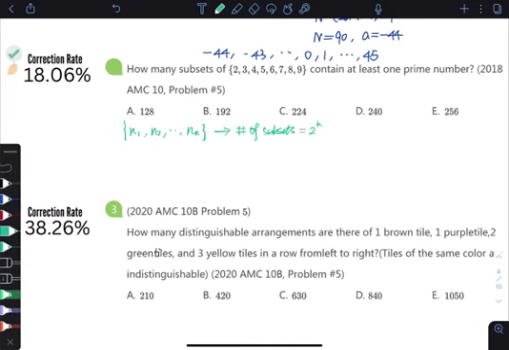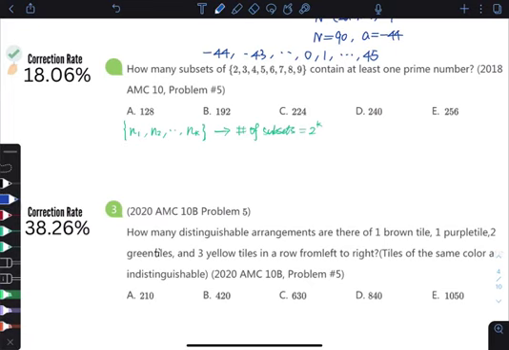That's easy to understand: when you construct a subset, for each element you can choose to select it or ignore it. So each element has 2 options, and in total there are k elements, so the number of subsets is 2 to the kth power.